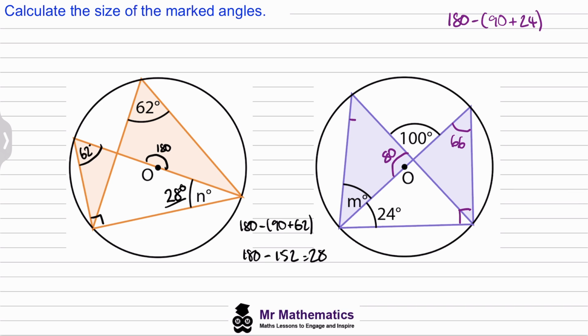And that will be the same as the other one in the same segment. And now we have angles in this triangle. So M will be the 180 minus the 66, add the 80. So minus the other two angles. So M works out as 34 degrees.